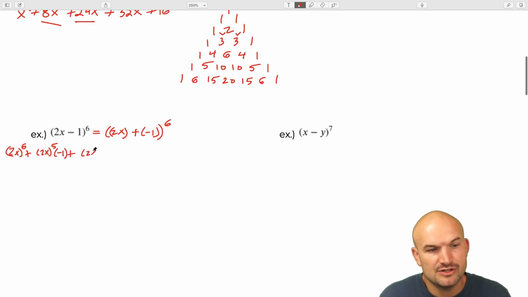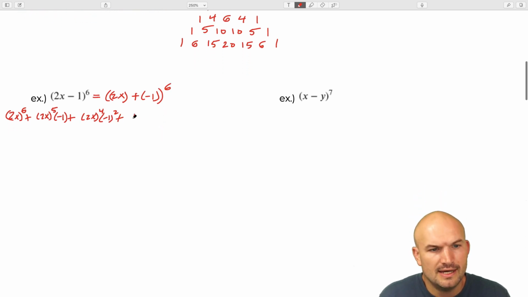Plus, again, we have a 2x to the 4th. And this will be a negative 1 squared, plus a 2x cubed, and then this is going to be a negative 1 cubed, plus a 2x squared, and this would be a negative 1 to the 4th.